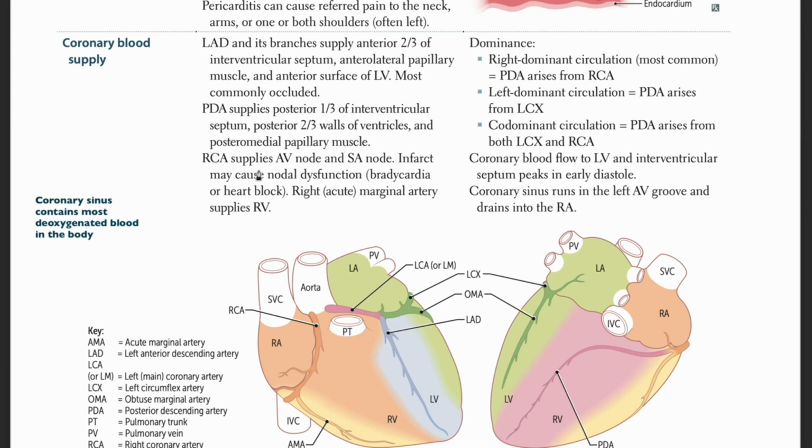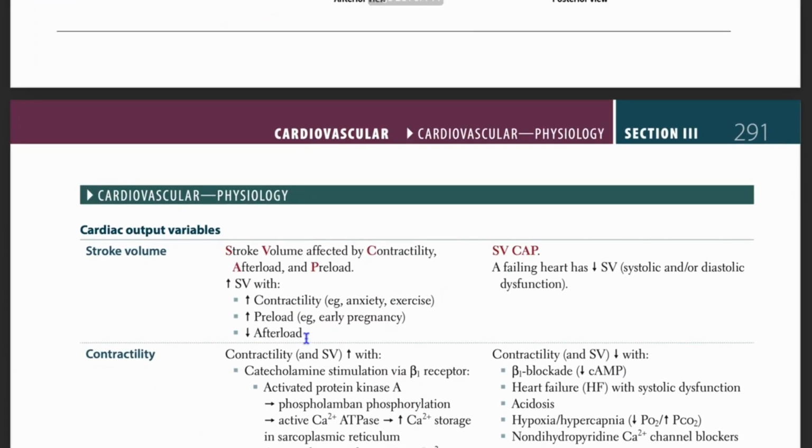And then you have right coronary artery, the most important one, which supplies the AV and SA node. Infarct may cause nodal dysfunction, bradycardia, heart block, and then you have right acute marginal artery supplying the right ventricle. Okay.